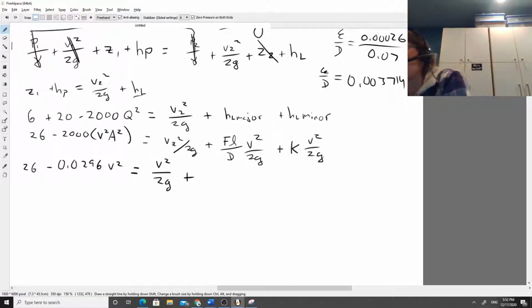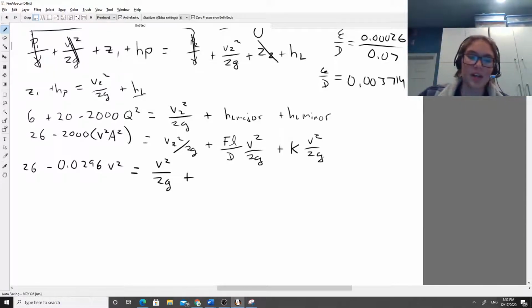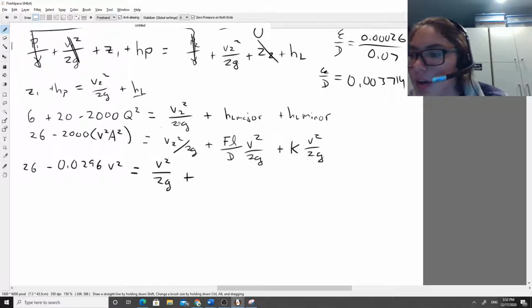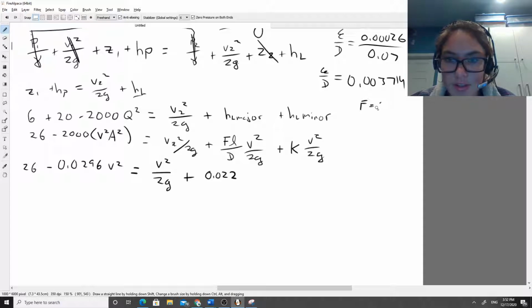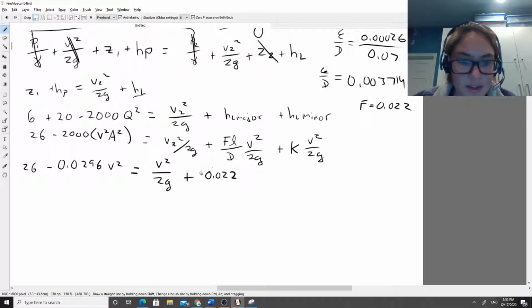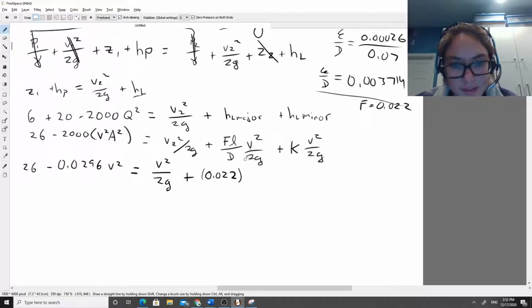So I'm going to go ahead and find my friction coefficient F off of that diagram, and I'm going to say that it's roughly 0.022. That's F. I'll go ahead and write that up here, 0.022. And I'm getting this off of this number and my completely turbulent simplified Moody diagram.